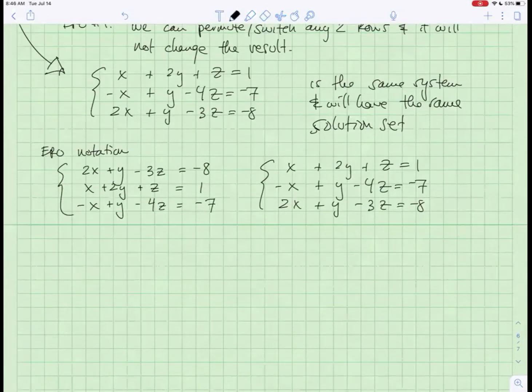So as we move from format to format, we use really simple notation here.